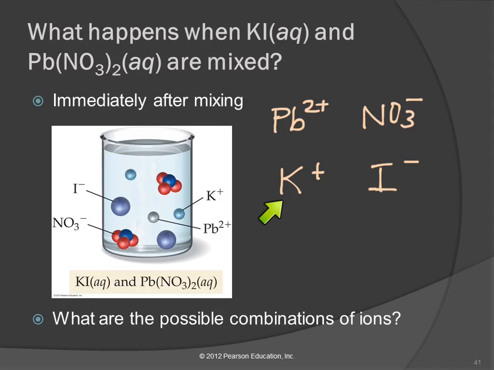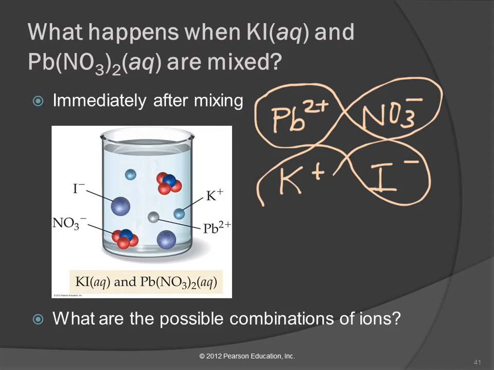And we know it's not potassium and iodide because they came together, but they were soluble. So we have to look at the swapping of partners and see if there's any chemistry between these people. So for the lead iodide and potassium nitrate, those are our possible products.